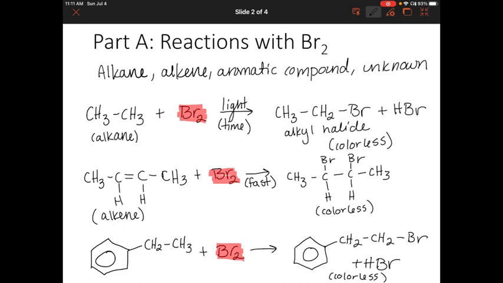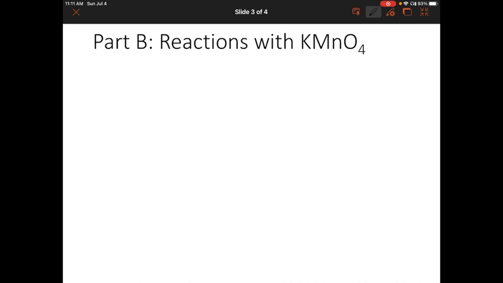Now, this third reaction with our aromatic compound is also a slow reaction, so we'll just add time as one of the ingredients here. So now you can test your unknown compound by reacting it with bromine and then compare it to your results. Does it react really quickly or really slowly?